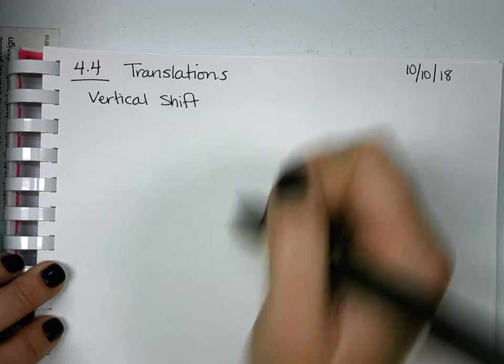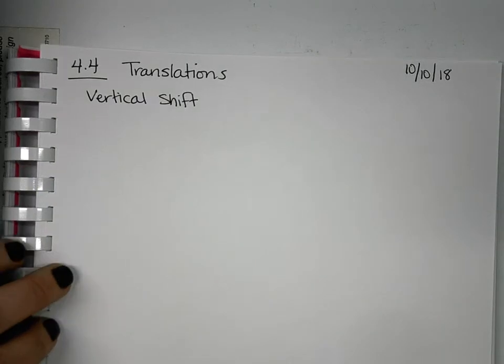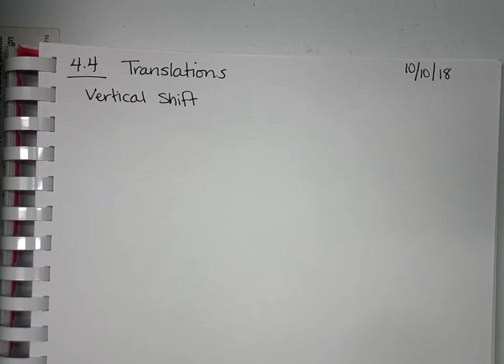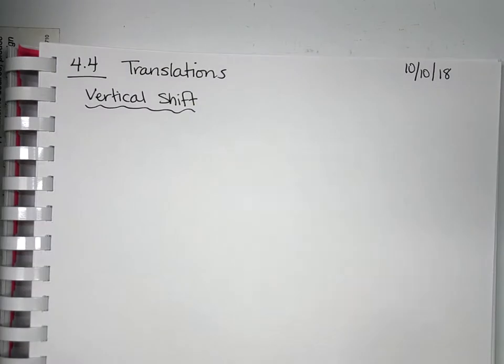So what I'm going to do is just go over an example of each type of transformation here tonight, and then tomorrow we'll do another one of each one just to make sure you guys are okay with your transformations. So the first one is a vertical shift.